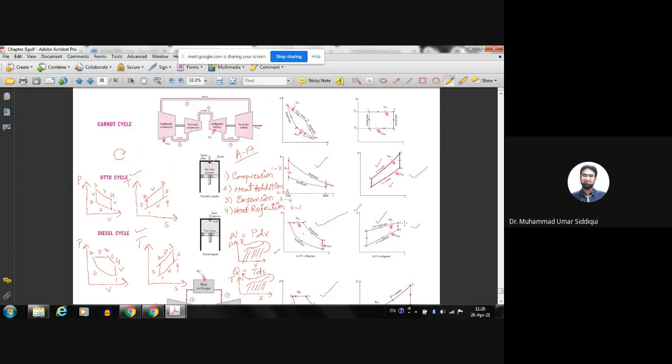If you understand this and remember it, it will become very easy to go through the rest of the chapter. We are going to study all these cycles in detail, but right now my objective was not to explain these cycles, but to show you a methodology to memorize the steps within the cycles.